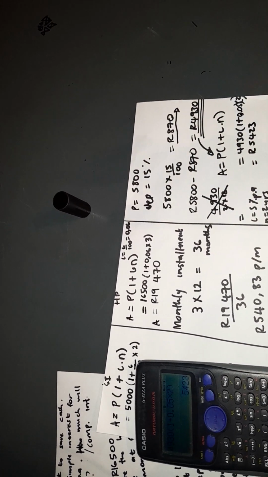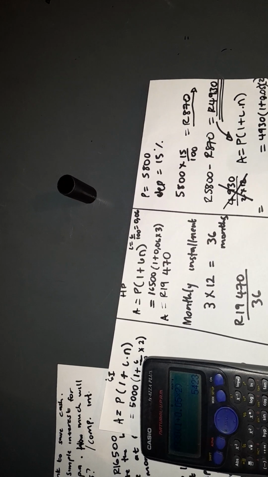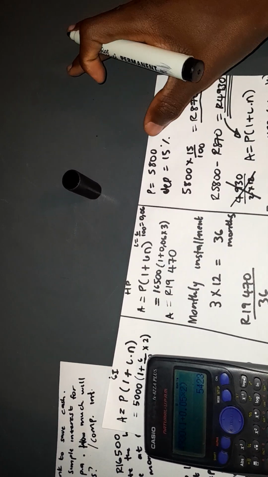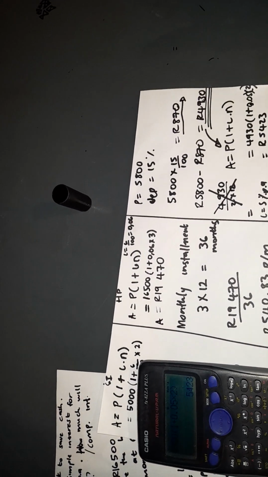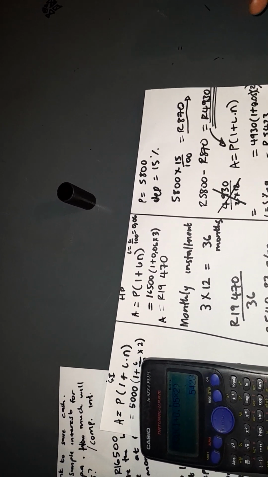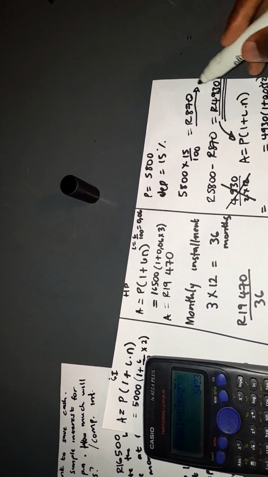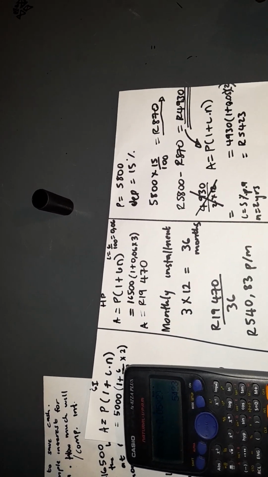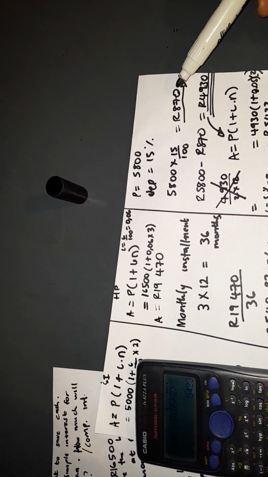So you can see, so now instead of her paying 5,800 in cash, how much money she will pay over 2 years will be this money added to this money. So yeah, it's the same whether she did the upfront payment or not.